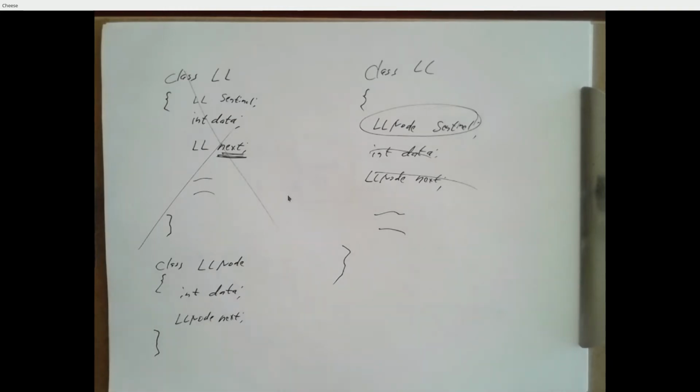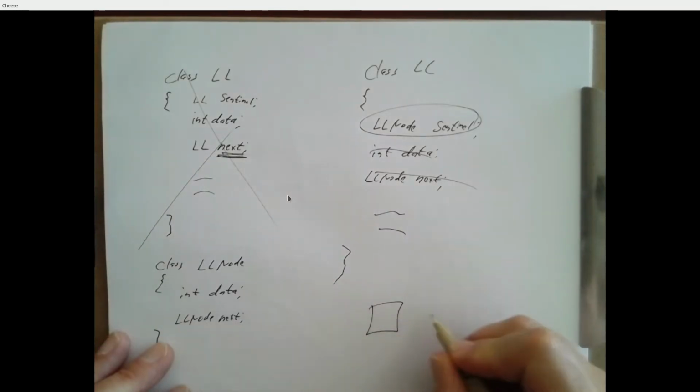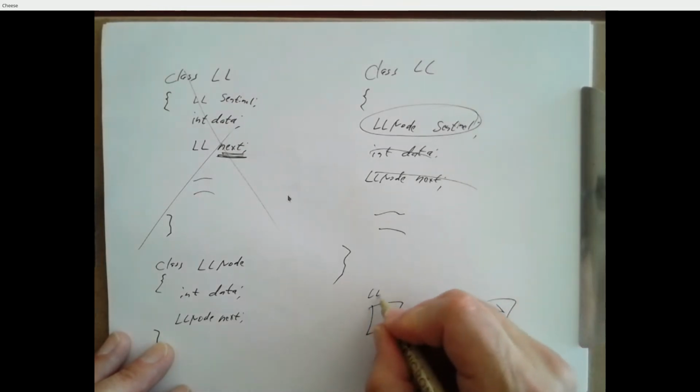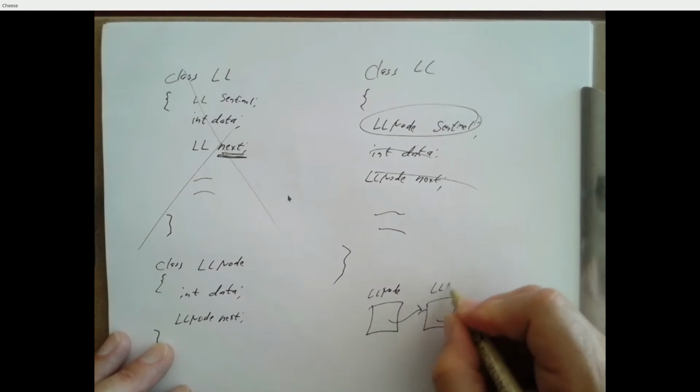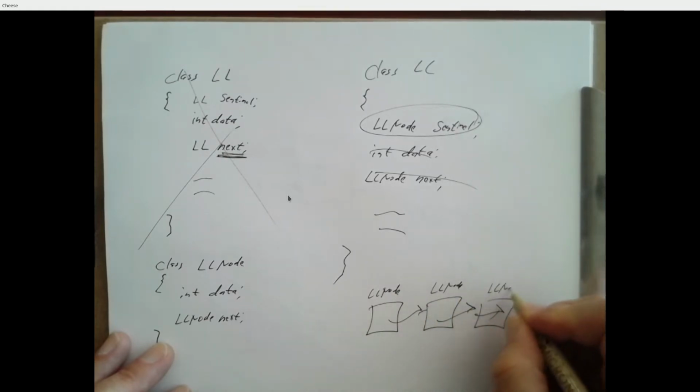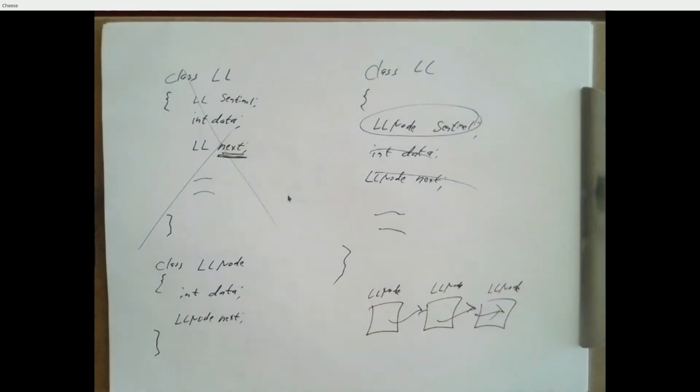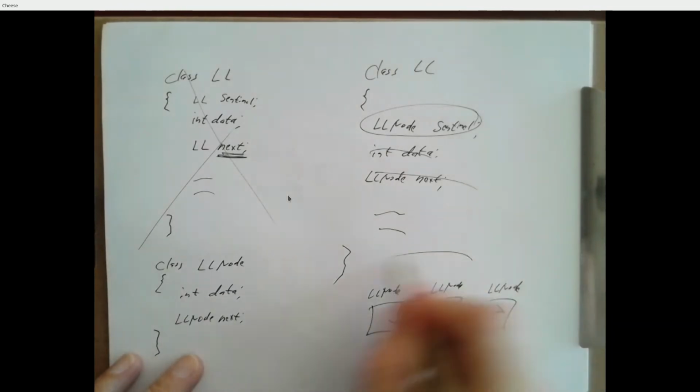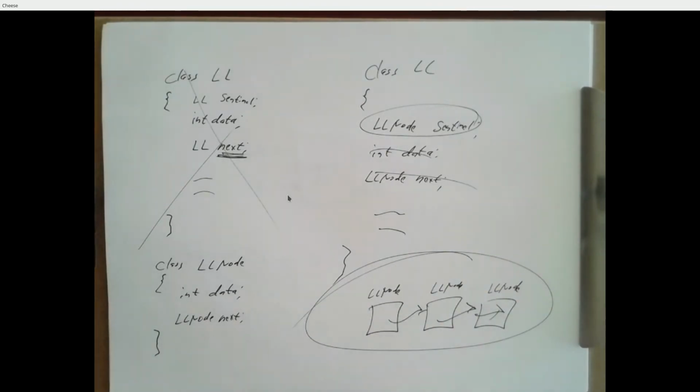Each node has a piece of data and a pointer to another node. And that node has a piece of data and a pointer to another node and so on. And so these LL nodes are these boxes. But the linked list itself is, logically, the collection of these things.